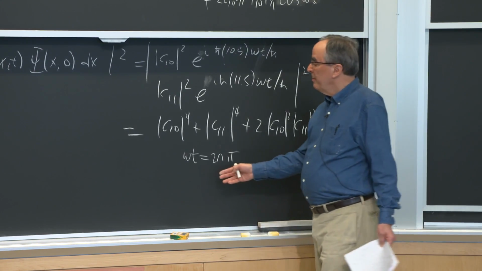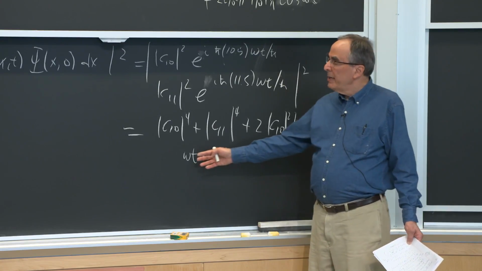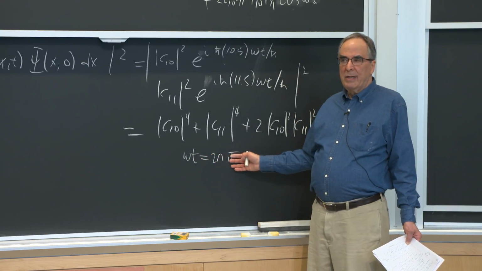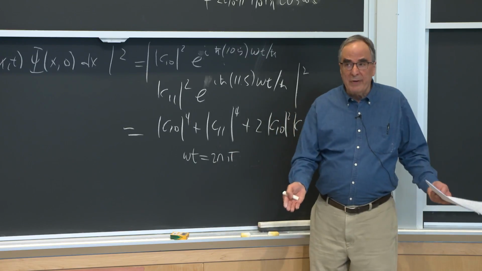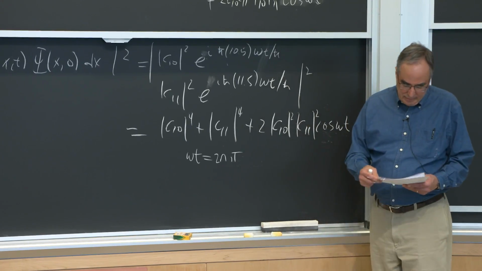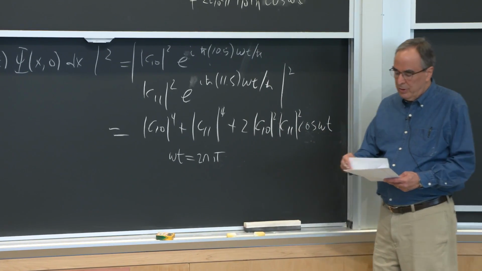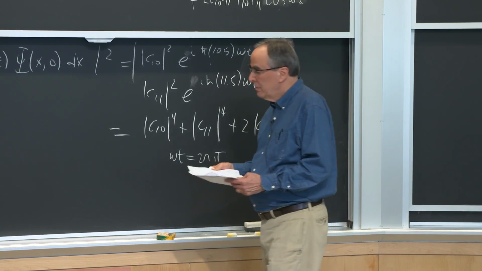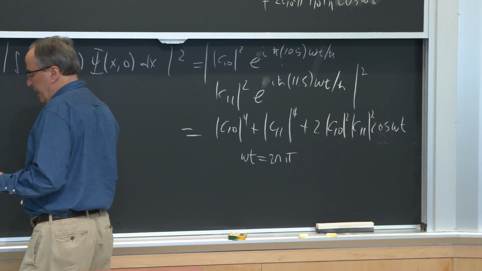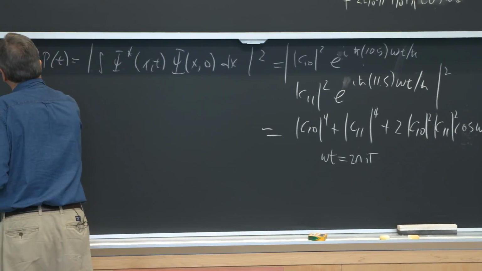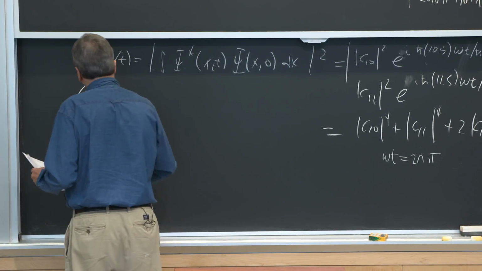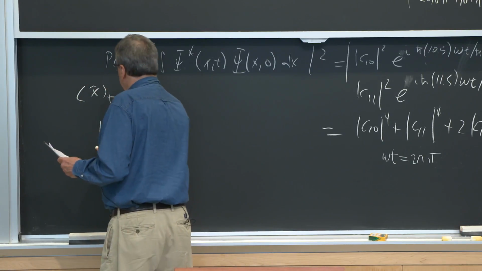And we have a minimum when omega t is an odd multiple of pi, and all the exponential factors are minus 1. So we can also now look at the expectation value for x of t and p of t. And I'm going to just draw sketches.